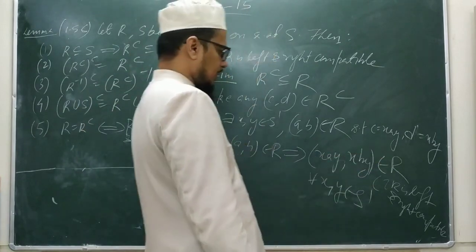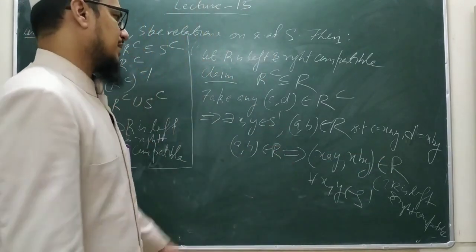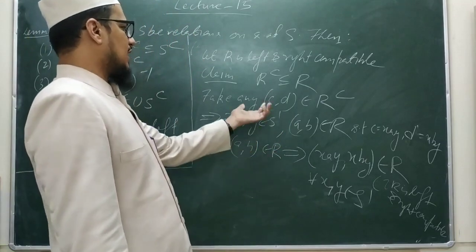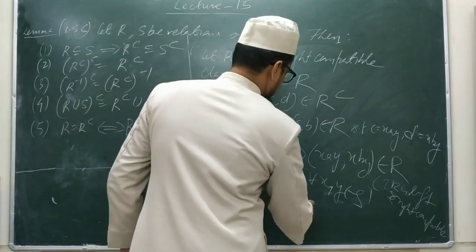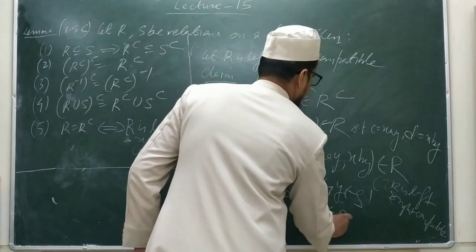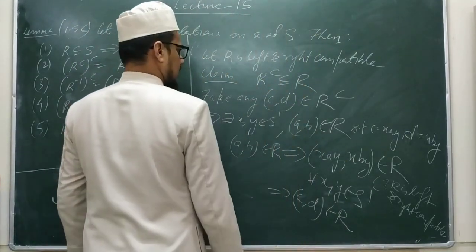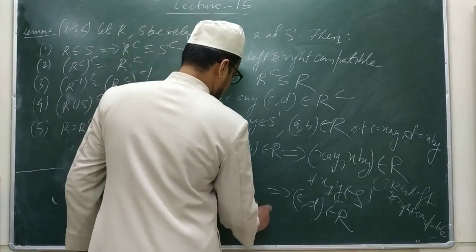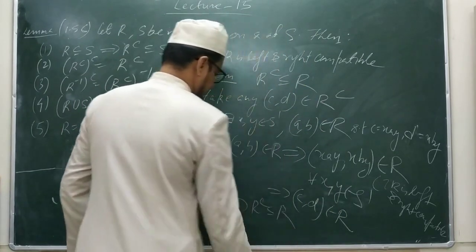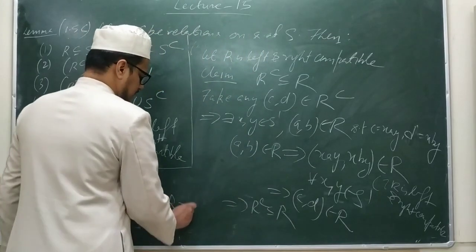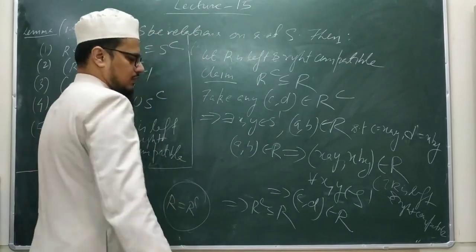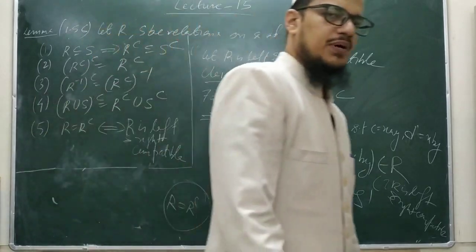So for all cases it is true. It implies every element of RC is coming in R. It implies that (C, D) belongs to R. So RC is contained in R, and we know that R is contained in RC, so R becomes equal to RC. In this way all parts are proved.